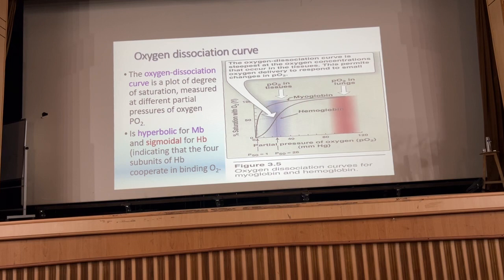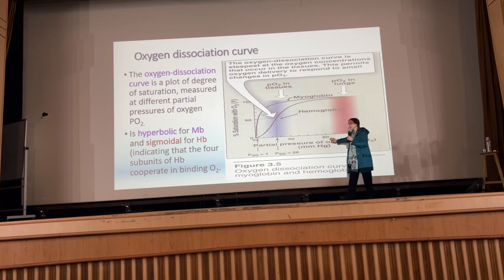This curve will come in the study session as well, and we'll talk about it 3 times here. The curve itself, as I told you before, any curve, when you want to understand it, have a look at the y and the x-axis and see what it is measuring. It measures the partial pressure of oxygen on the x-axis and the percentage of saturation of oxygen on the y-axis.